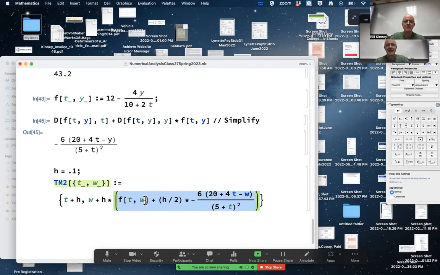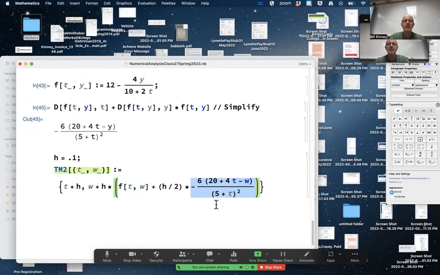It's f plus h over 2 times what the book calls f prime of t,w. That T2 gets multiplied by h, and the result gets added to w. The old value of w plus the change. This thing's supposed to represent the change in w. All right, let's apply it now with NestList.